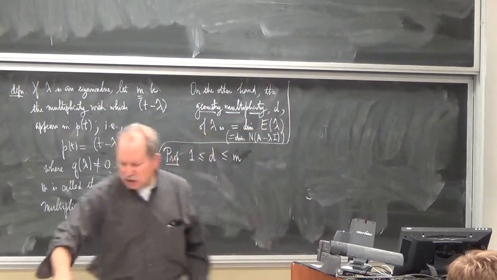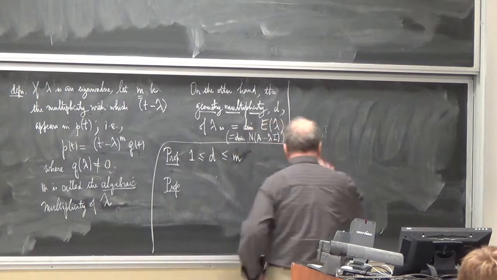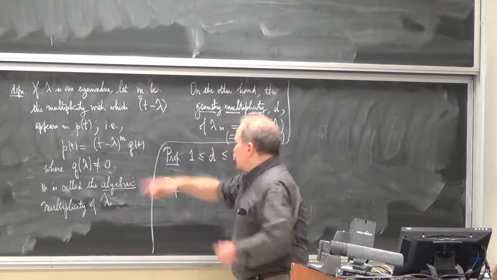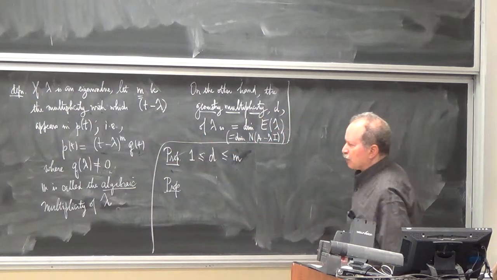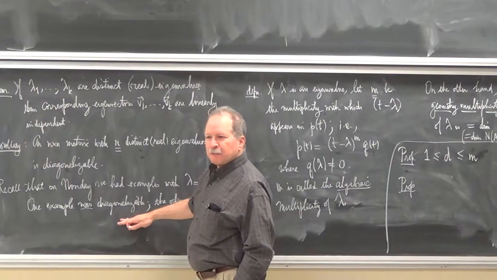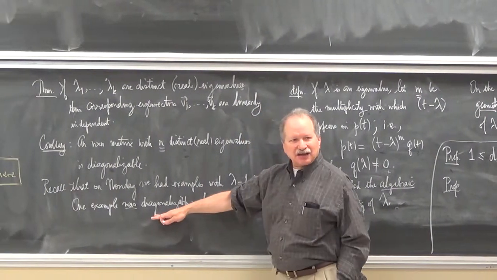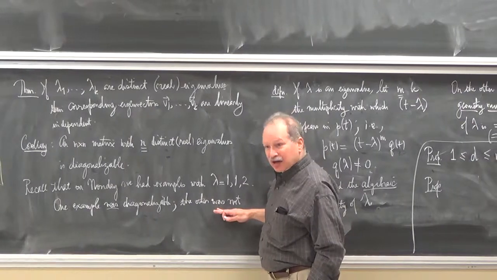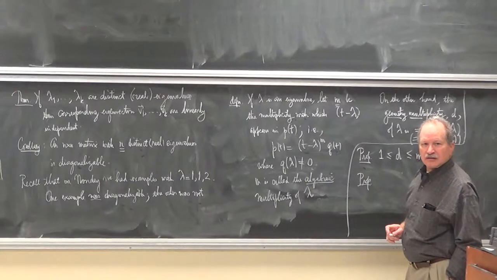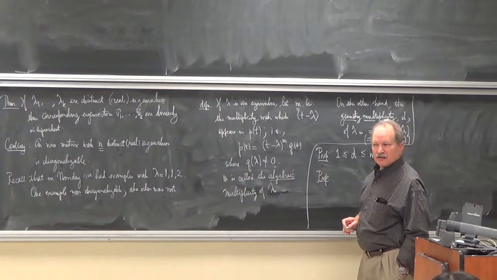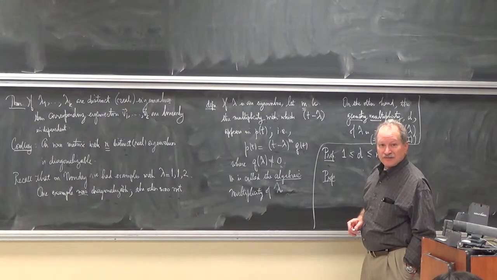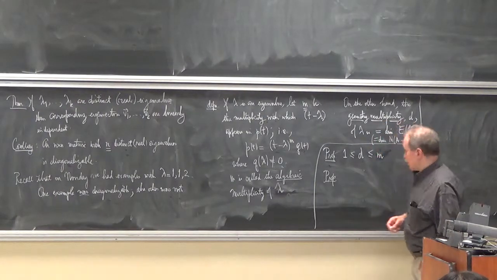So, give me what you think is true, and then we'll see if we can understand why, about the relationship between these notions and being able to diagonalize. What happened when we were able to diagonalize that did not happen when we were not able to? If it is diagonalizable, then the geometric multiplicity equals the algebraic multiplicity for all eigenvalues. And vice versa, conversely.